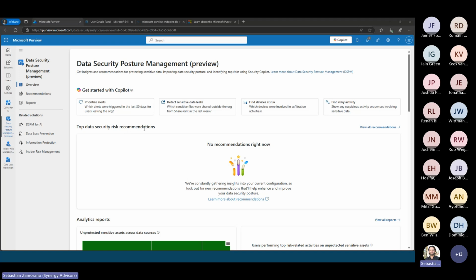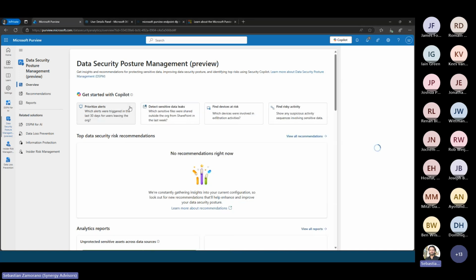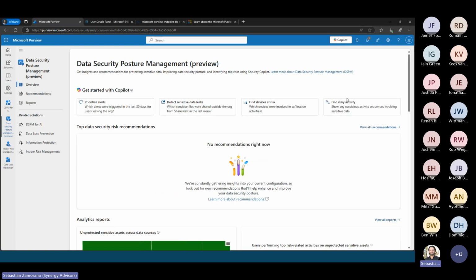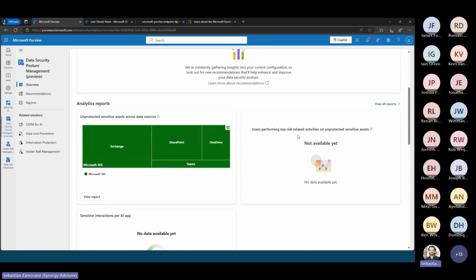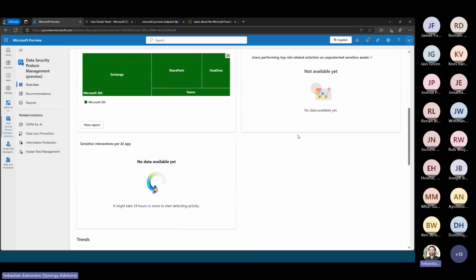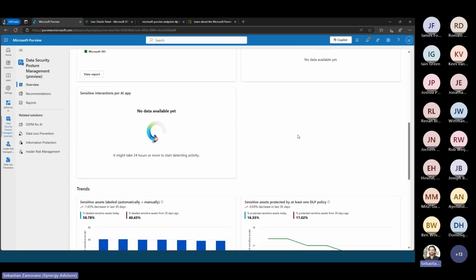But yes, there is a cost, at least to start using and triggering the different prompts from Copilot. Nevertheless, the rest of the reports will be available whether you have the Copilot license or not.